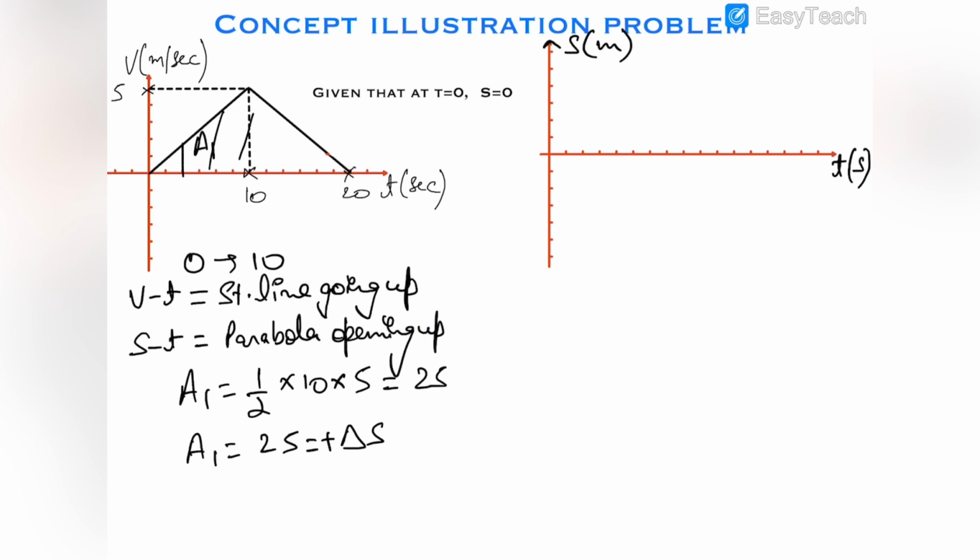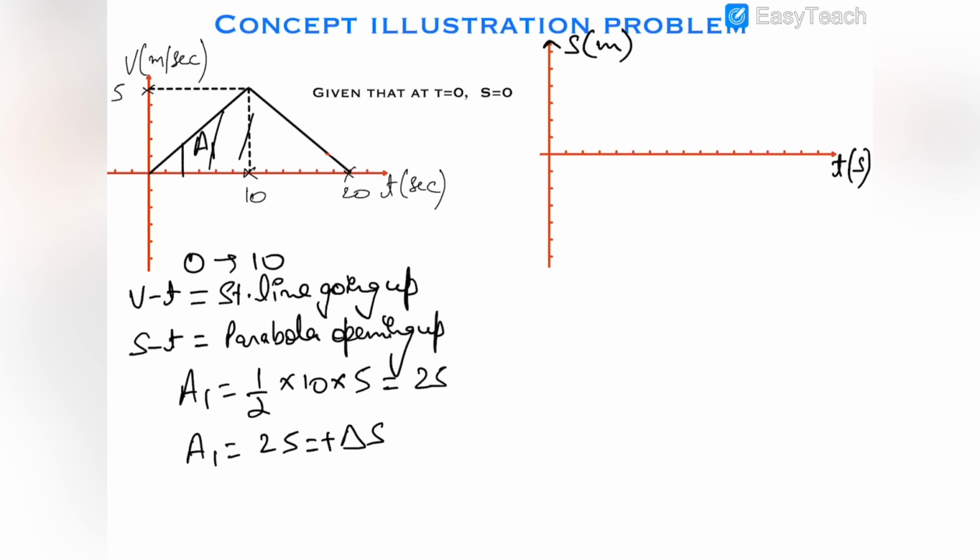So we need to find out three important things about the parabola, that is, towards which axis it is opening. We have already written that it is opening towards the positive y-axis, which is the displacement axis. It would be going up till 25 because initially it was 0 and delta S is 25.